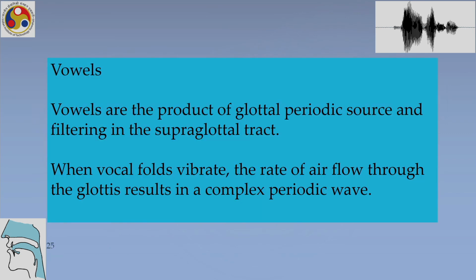So, we talked about how vowels are a product of the glottal periodic source and filtering in the supraglottal tract, and when vocal folds vibrate, the rate of airflow through the glottis results in the complex periodic wave. So, as we just said, it is much more complex than the harmonics that we have at the glottal source.